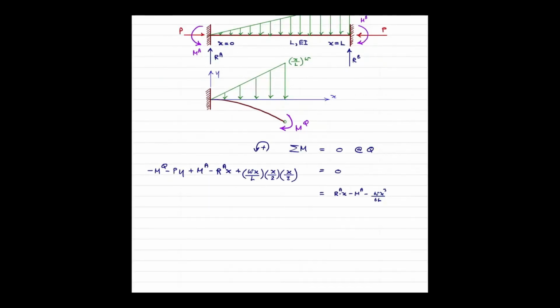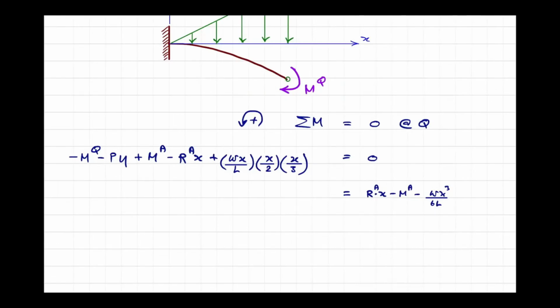So on the left hand side we have the minus MQ minus PY. The MQ is the EI times that curvature, which is negative, so we neutralize it. Minus P times your y is also negative.